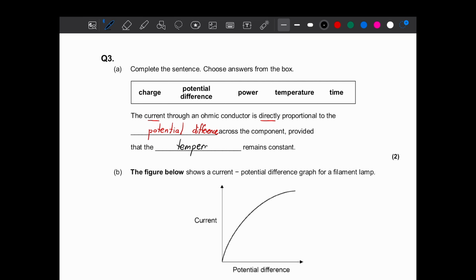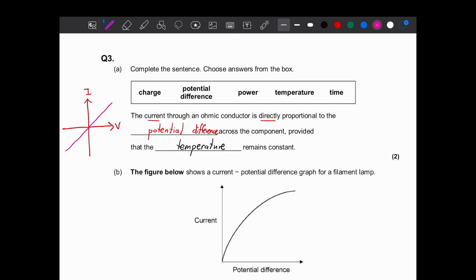So, ohmic conductors are something that you should hopefully remember from IV graphs, that is current voltage graphs. I'll draw you an example right now. When we talk about fixed resistors and we draw their current potential difference or IV graph, because it's an ohmic conductor where current is directly proportional to potential difference, we would expect a straight line going through this graph, indicating direct proportionality.